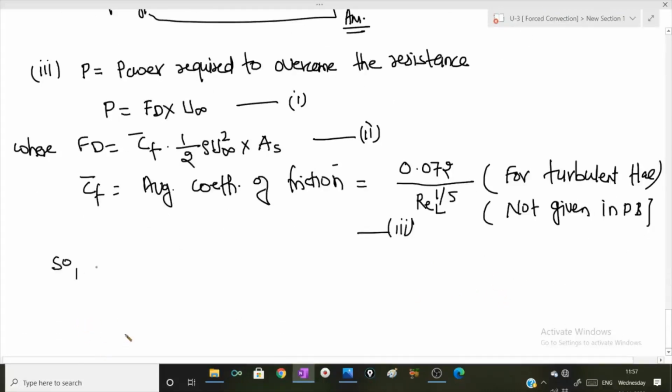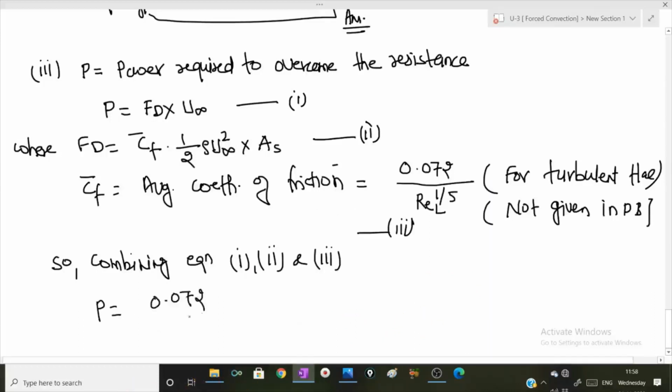So combining equations 1, 2 and 3 will give me the equation of power as 0.072 over ReL power 1 by 5.